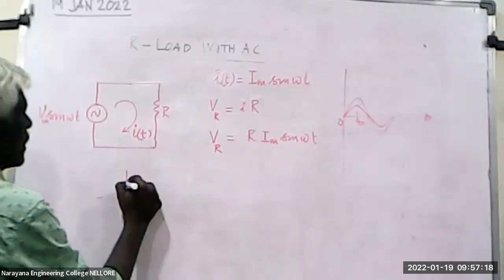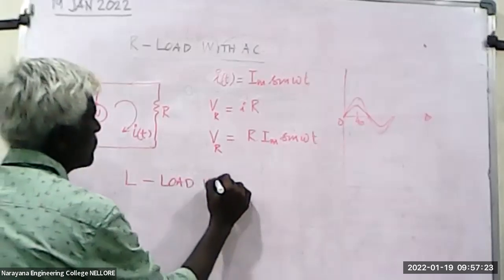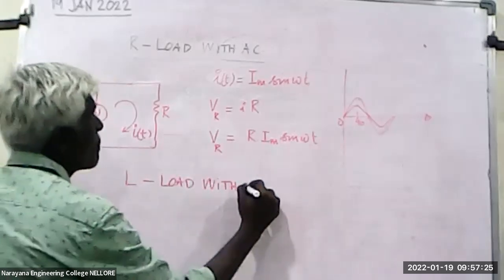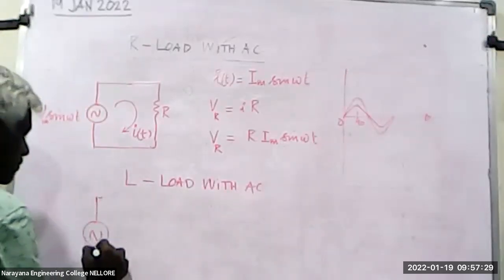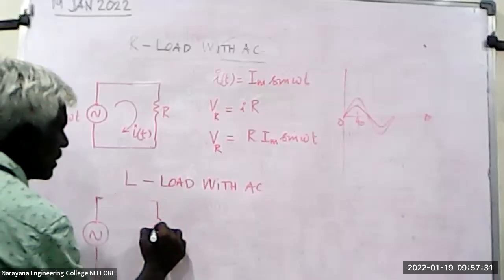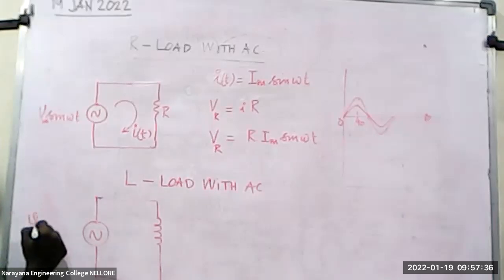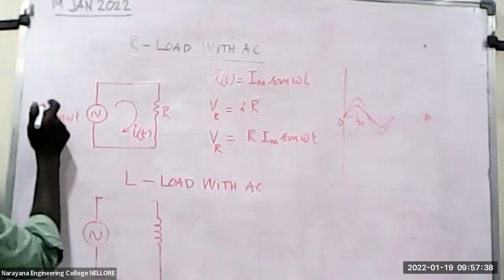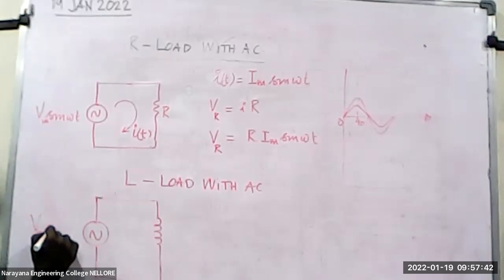Similarly, when you apply an L load with an AC signal, you consider the same, just taking the inductance alone. Here you take capital V as the peak value or maximum value, Vm sin omega t.